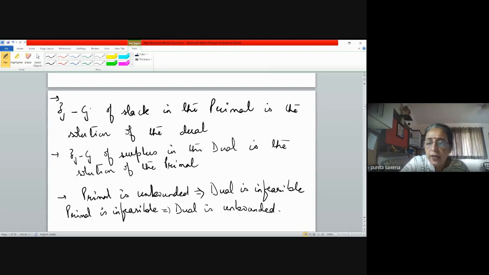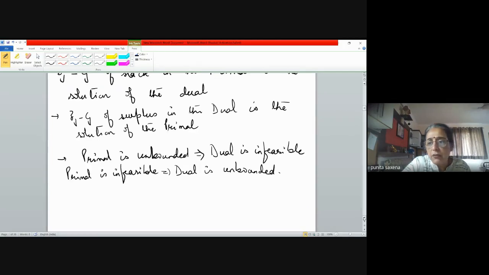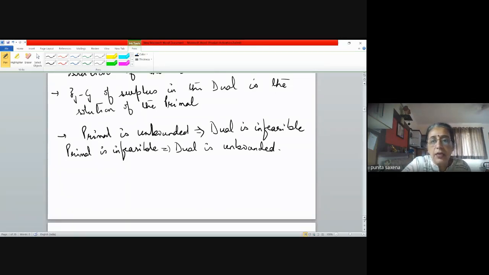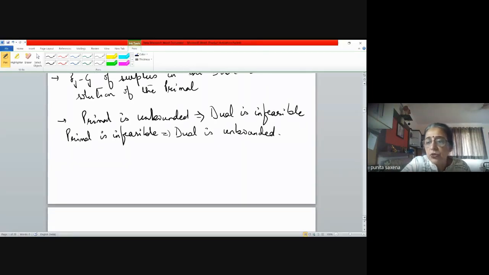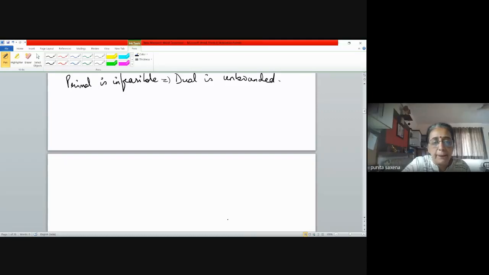And of course, in the case of infinitely many solutions, both are going to give you a solution, because the only problem is that more than one basic variable will be zero for the dual. I will come back to that problem later on. But let's see this rule. These are the rules to be followed for interpreting the solutions. Is this rule clear to all of you?